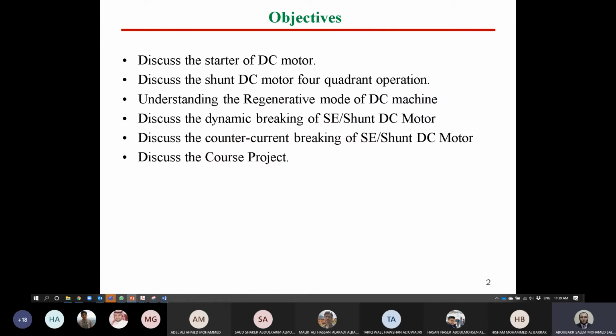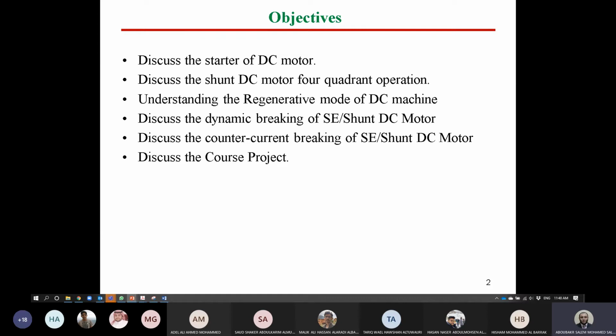Starting of DC motor. We already discussed previously the motor operation at motoring mode and the dynamic model of the motor. However, now we need to discuss the motor starting. Motor starting means you have a problem at starting and you need to solve it.